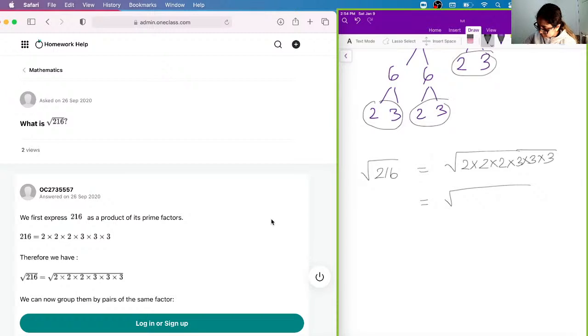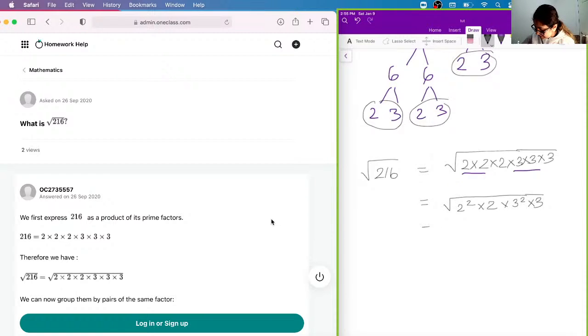I would group these two together and these two together, and you would have an extra 2 and an extra 3 remaining under the square root. So once I pair it up, we would get 2 squared times 2 times 3 squared times 3.